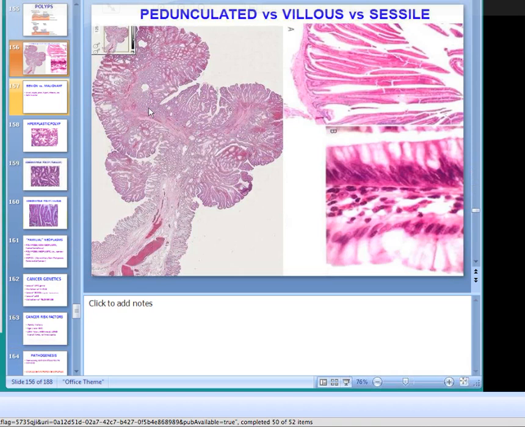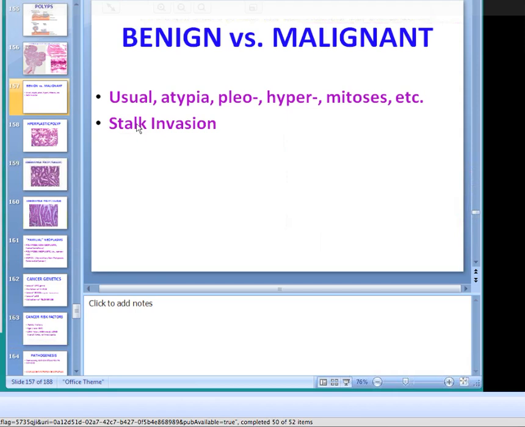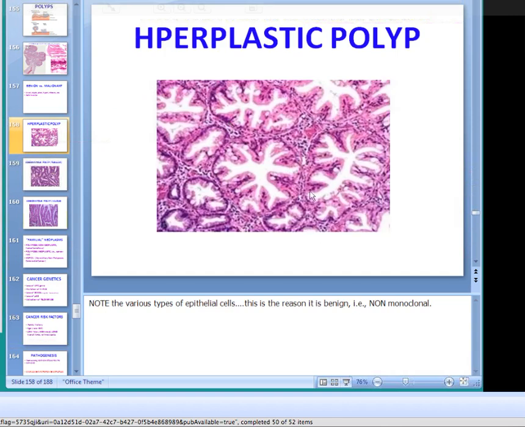If you have nests of glands invading the stalk, in other words, if you're looking at this under a microscope and you're wondering, gee, is this benign or malignant, but then you see a little group of cells well within the stalk, you don't have to pontificate anymore or wonder. You know it's malignant because these cells should not be invading the stalk. So that's probably the single most important point of differentiation. When you get a polyp that has a stalk, make sure there are no glands inside the stalk. Otherwise, it's cancer.